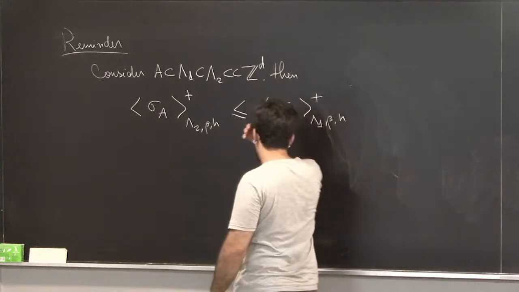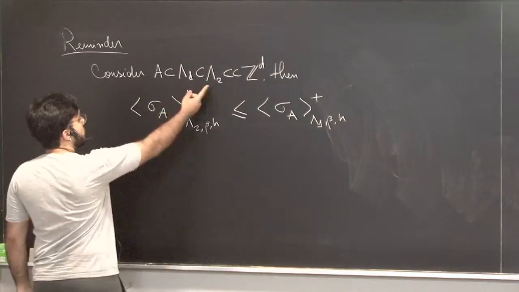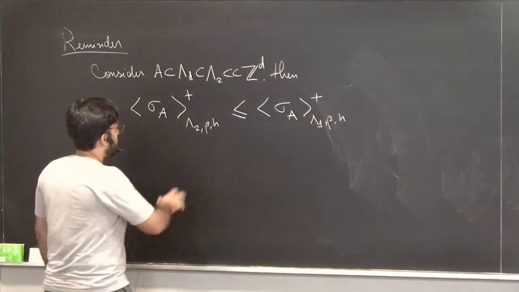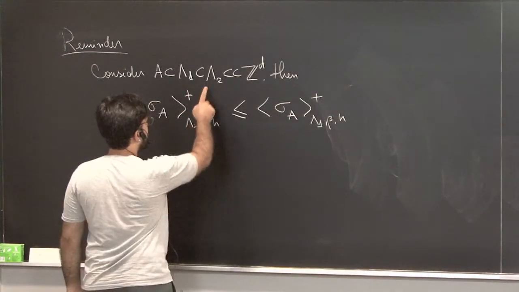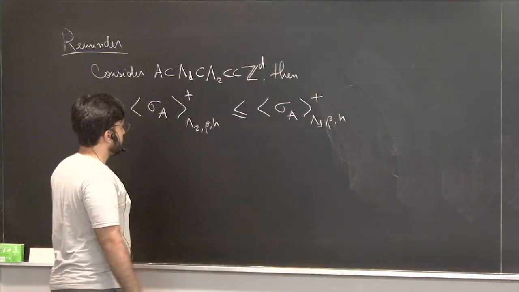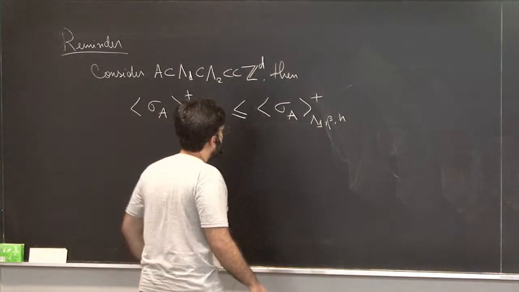So what this shows is that when you increase the size of your finite set, the expectation value actually decreases.